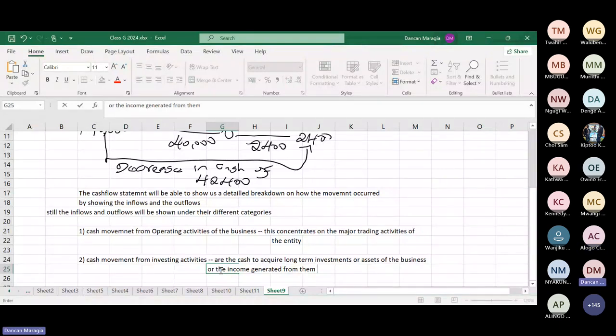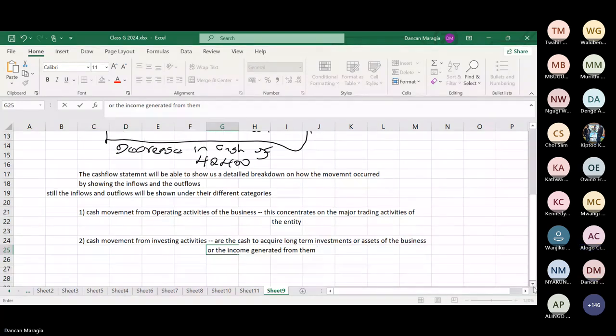If the business decides to invest in shares, the income generated from there is income from investments, because that is not the normal operating or trading activities of the business.